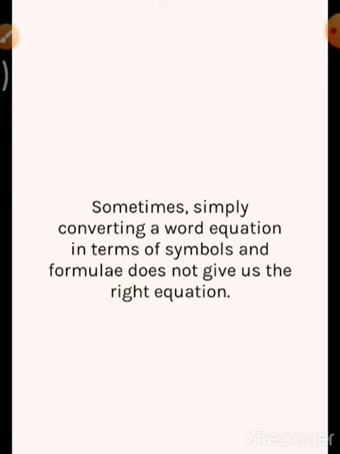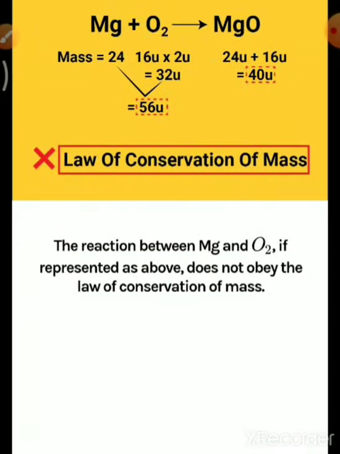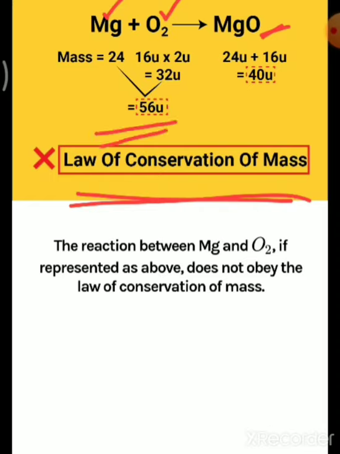Sometimes simply converting a word equation in terms of symbols and formulae does not give us the right equation. See, this one is magnesium plus oxygen, it gives magnesium oxide. So it does not follow the law of conservation of mass, because the mass of the reactant side is not equal to the mass of the product side.